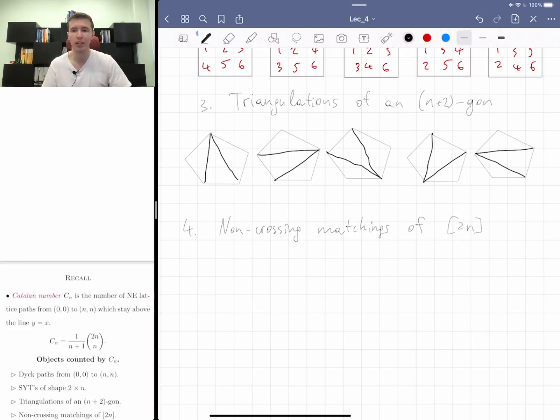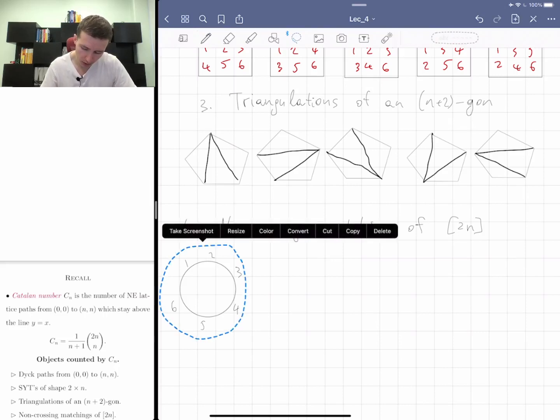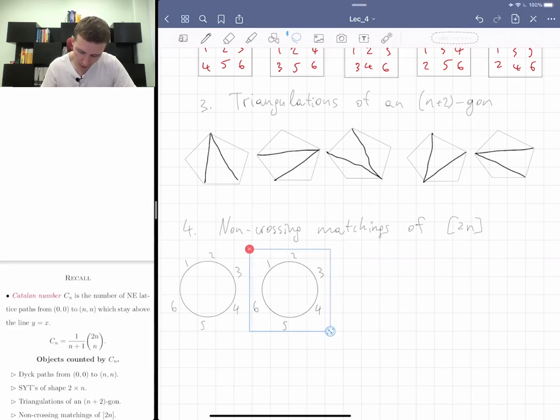So what do I mean by a non-crossing matching? Let's say you draw a circle, and then you put 2n elements. If n is equal to 3, then I put 1, 2, 3, 4, 5, 6. That's going to be my 6 numbers. Let me copy this a few times.